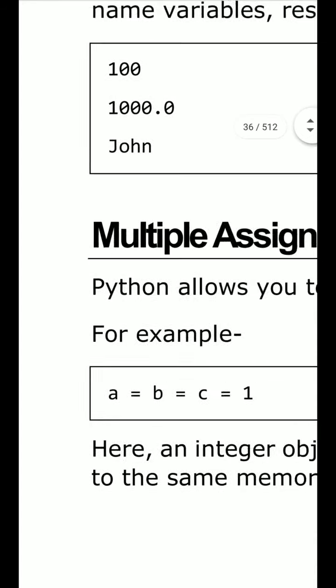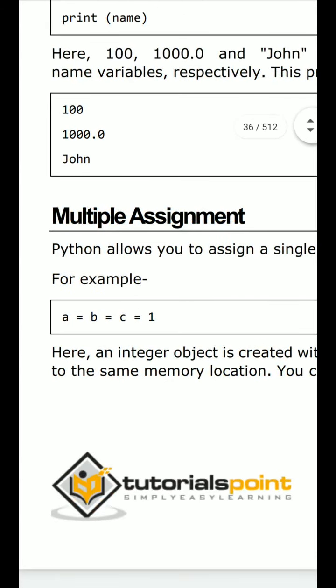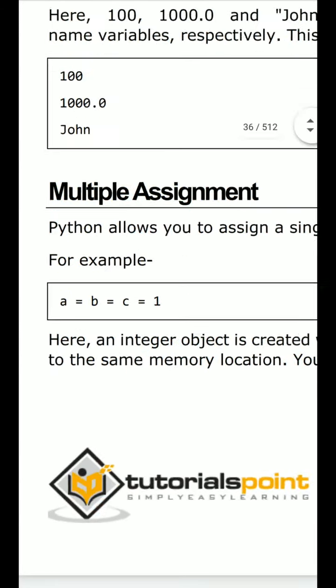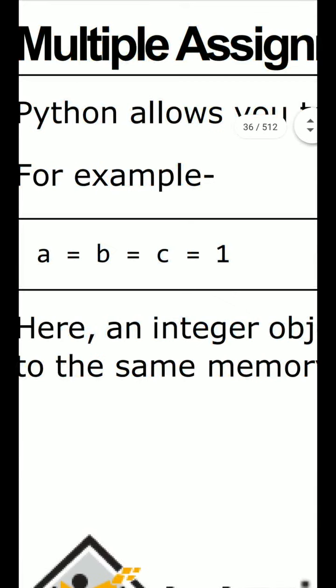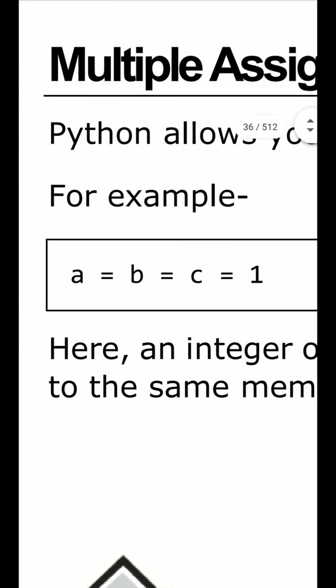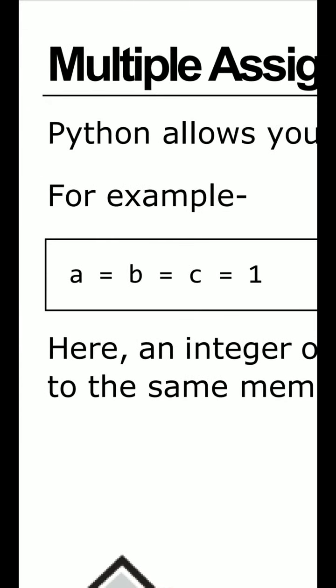And next is multiple assignment. How can we assign multiple values at a time using is equal to? Here is the way to assign multiple variables at a time: a is equal to b is equal to c is equal to 1. This is the way to do multiple assignment.